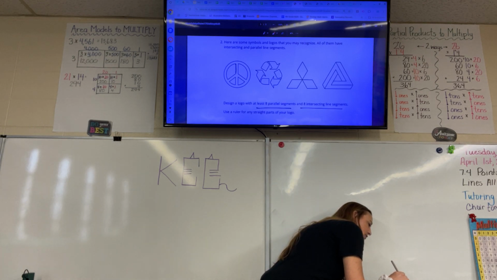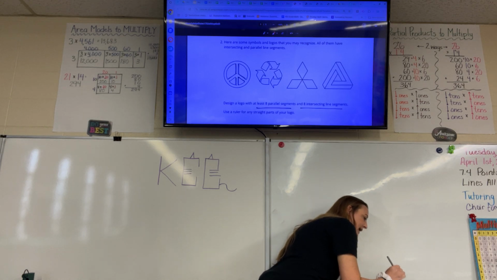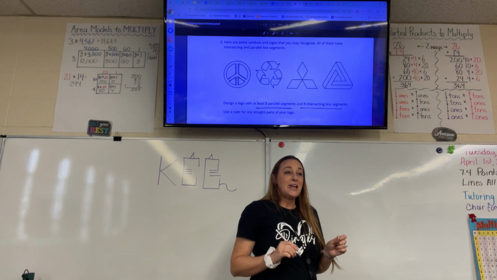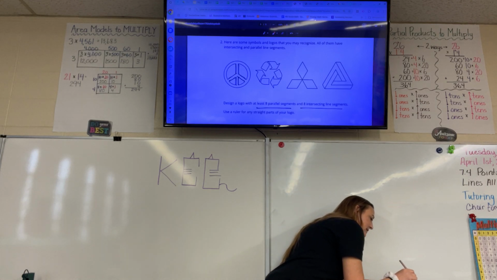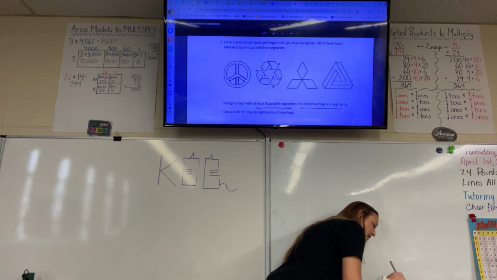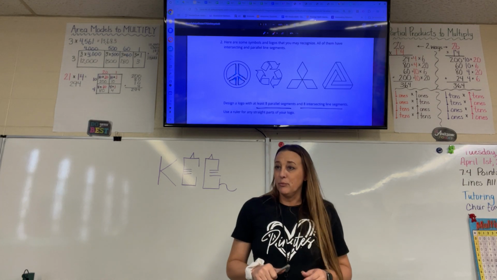Parallel, we have 1, 2, 3, 4, 5, 6, 7, 8. So on the peace sign, there's already 8. And then intersecting, where they cross, there's 1, 2, 3, 4, 5, 6, 7, 8. So on the peace sign, there's 8 of them right there.